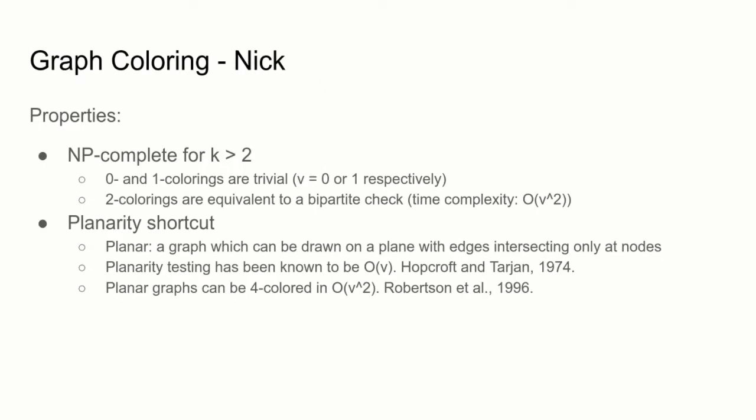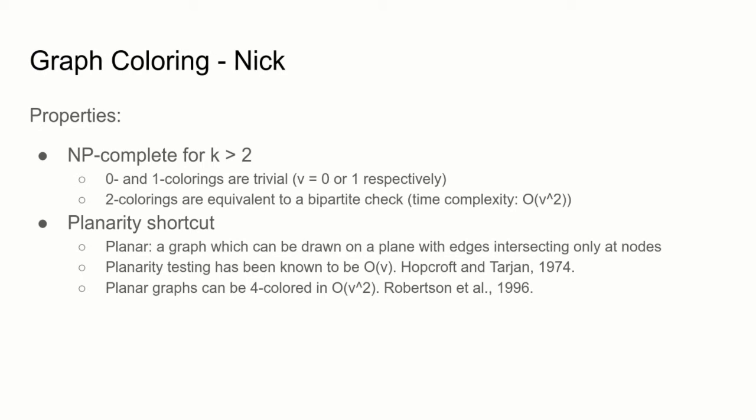Now, graph coloring, the simple act of taking a particular graph, usually undirected, and coloring each node so that it is different from all its neighbors, is apparently a very hard problem to do. As you can see, it is known to be NP complete for any number of colors above 2.